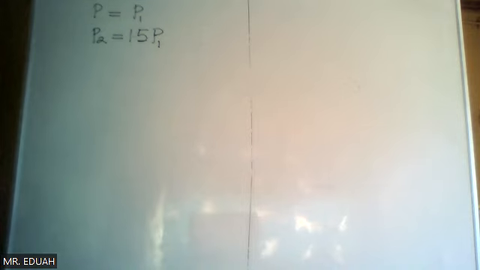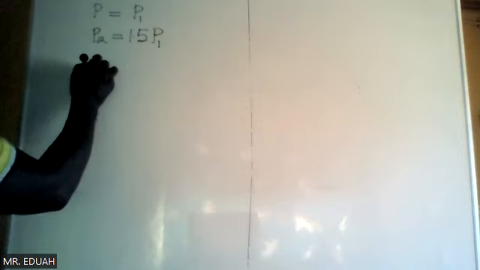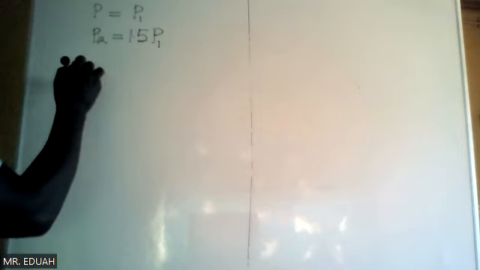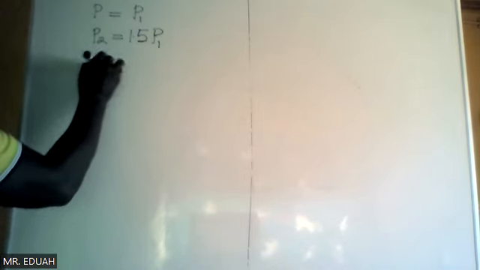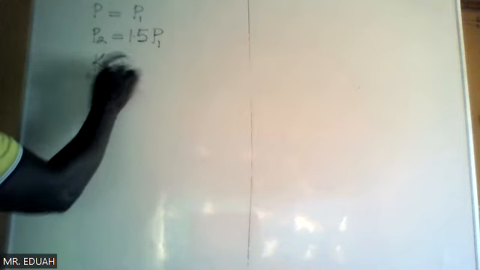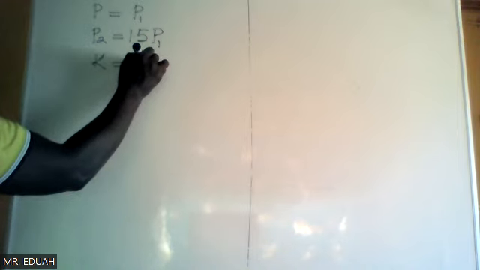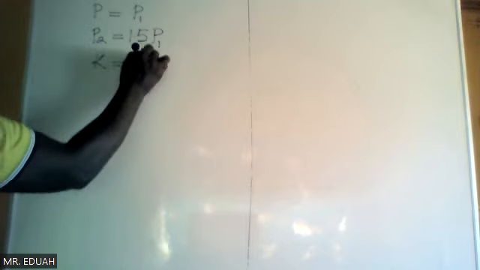Okay. So if the momentum of a body is increased by 50%, its kinetic energy would increase by what percentage? Using the relationship between kinetic energy and momentum, we have K equal to P squared on 2m.